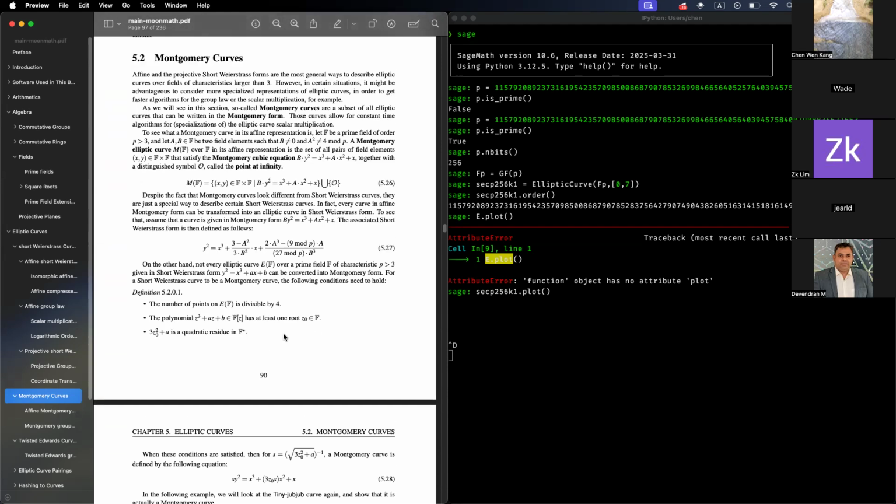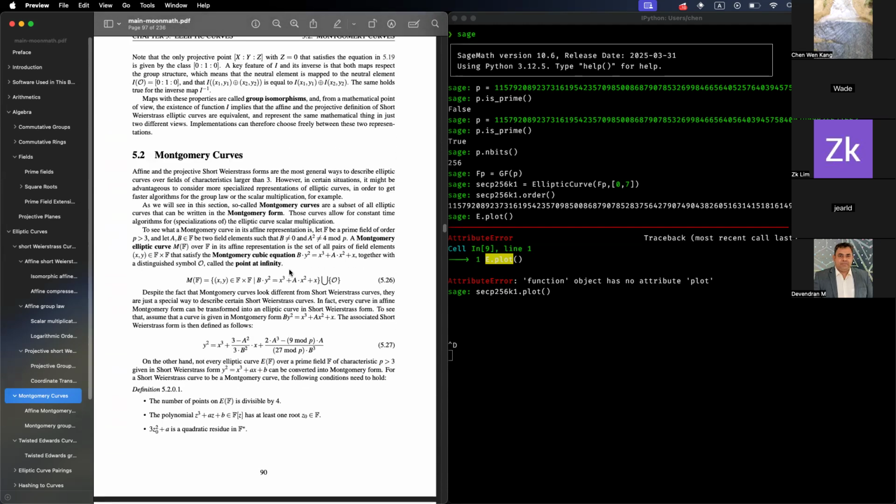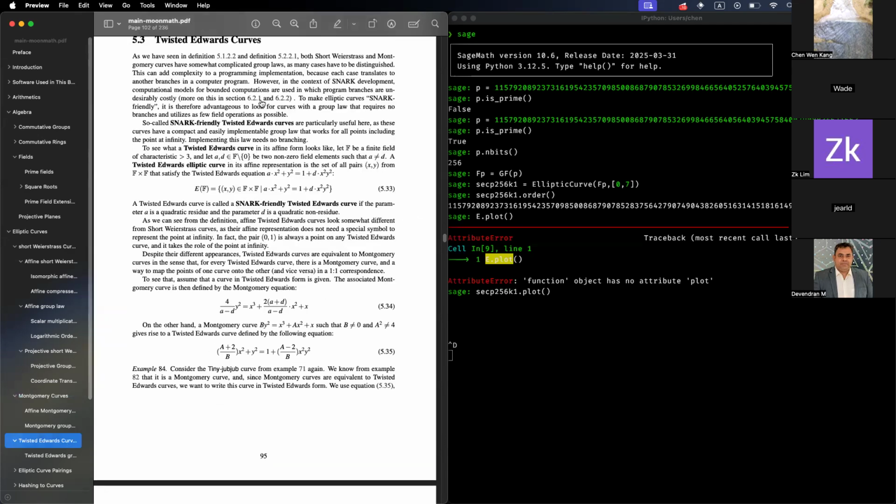Why we want to use this is that it has additional properties, to put it very simply. One thing to note: later we're also going to talk about the twisted Edwards curve. Let me check if I remember incorrectly.